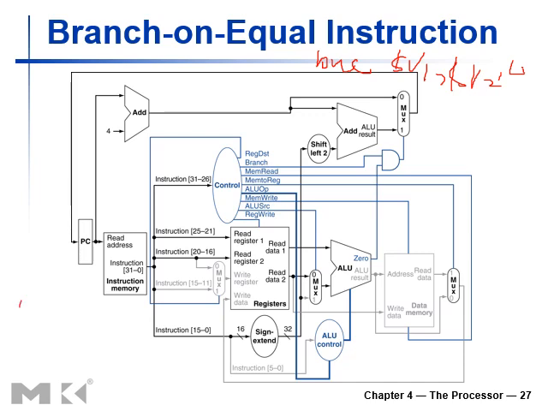In case we have no branch, then it should be implemented as PC plus 4. If we have a branch, then we have two cases. Case 1, when the condition is false, which means that dollar sign V1 is equal to dollar sign V2.